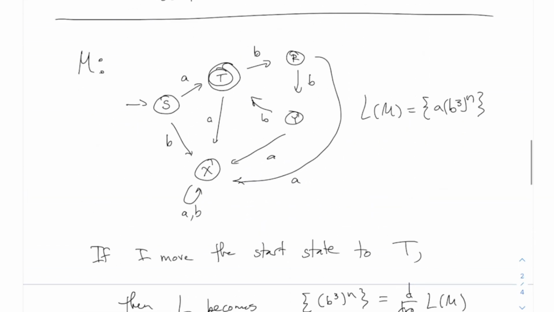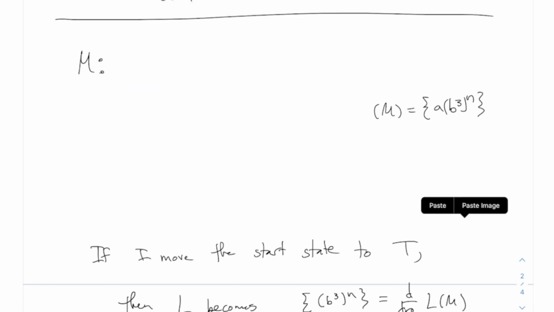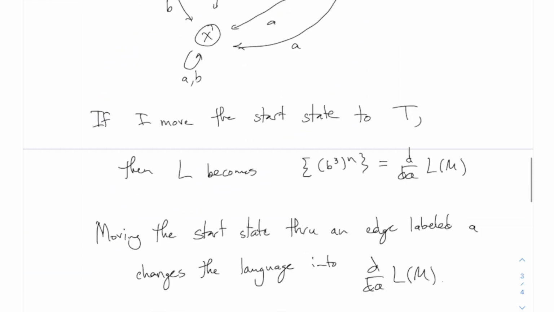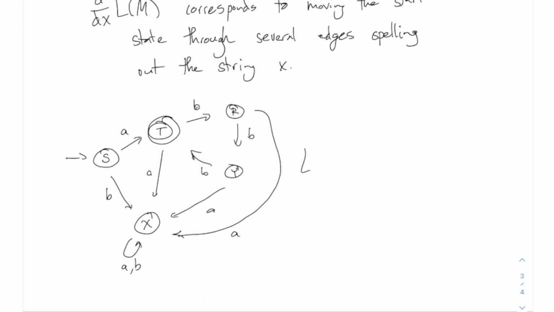Now, I want to say something interesting about this. What does this have to do with regular versus non-regular languages? I'm going to copy this. You get an interesting fact, kind of for free, in this particular example, where L of M was AB cubed to the n.